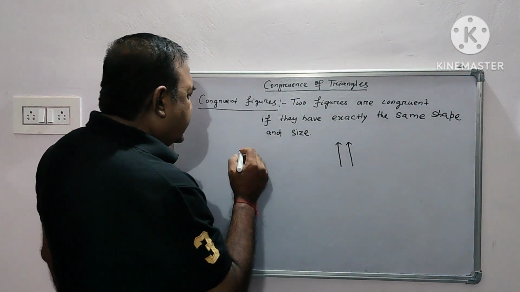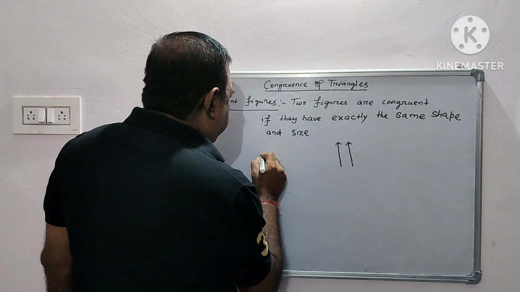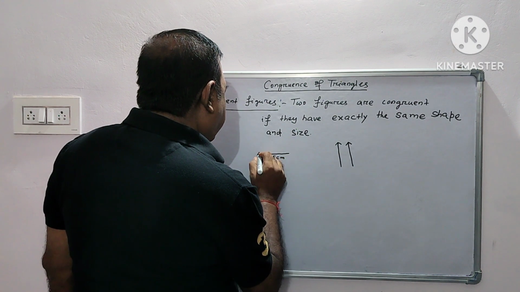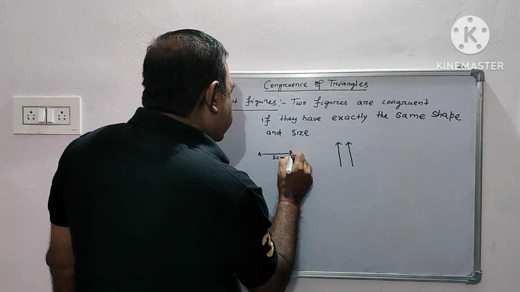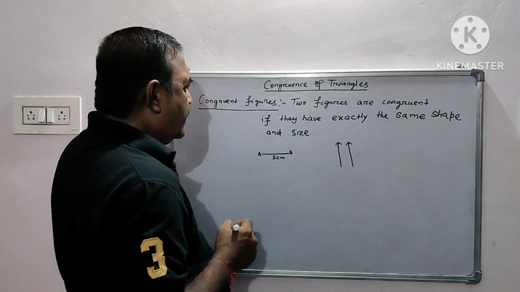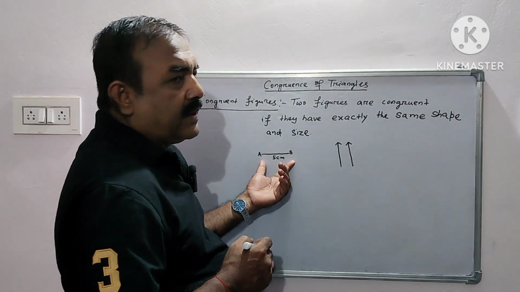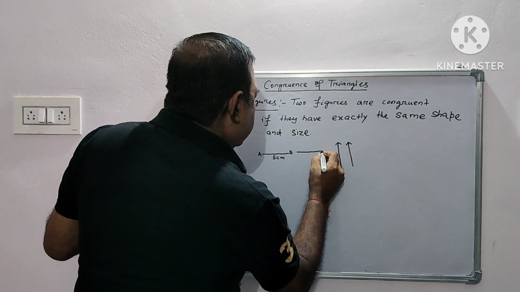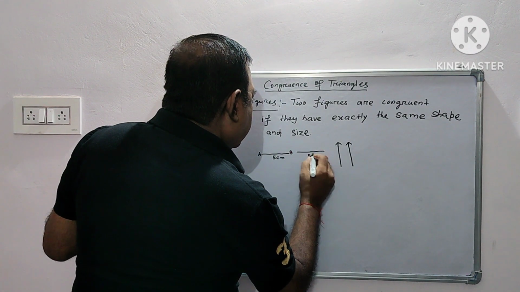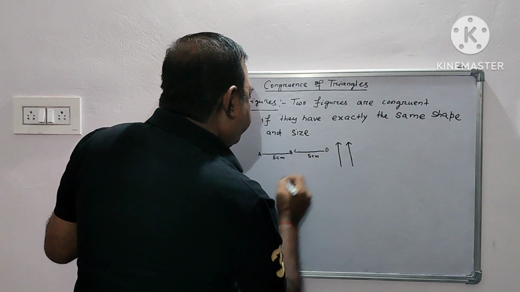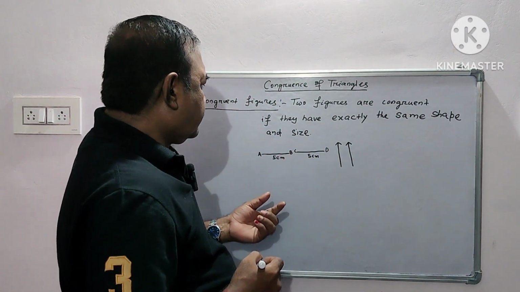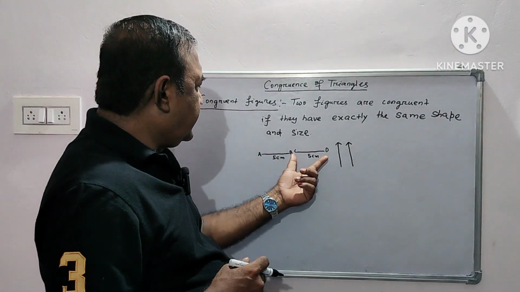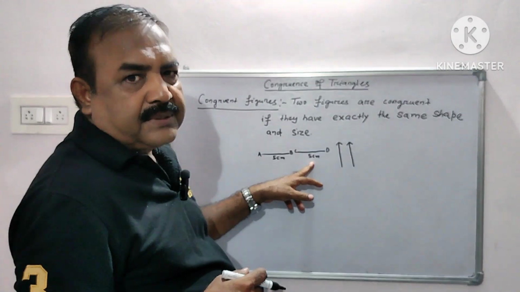We can also tell like this using a ruler. Suppose this is 5 centimeter, and at the end points you see AB is a line segment of length 5 centimeter. If I draw another one of 5 centimeter, I will name it CD. So AB is of length 5 centimeter and CD is also 5 centimeter.